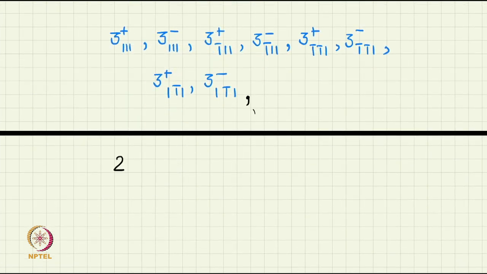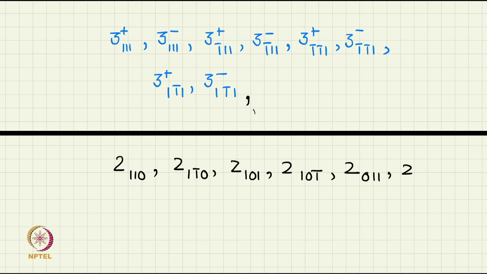Which is 2 1 1 0, 2 1 bar 1 0, 2 1 0 1, 2 1 0 bar 1, 2 0 1 1, 2 0 1 bar 1.